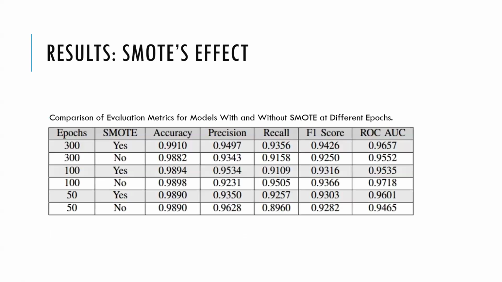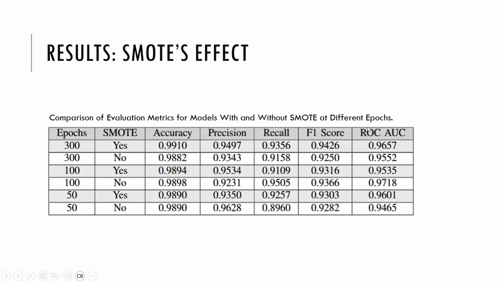Also, in the results section, we performed an ablation study to see how effective SMOTE is, and what the difference is when we train our final discriminator for 50 epochs with or without SMOTE.